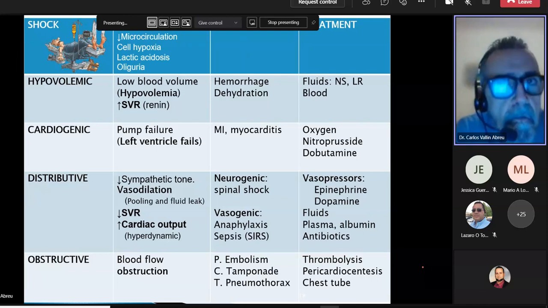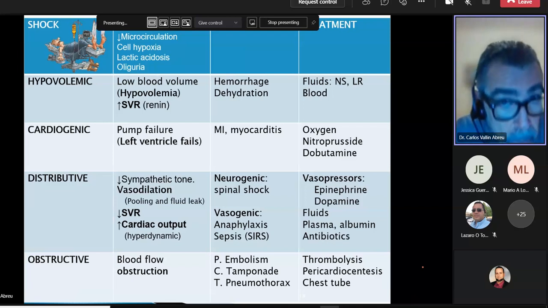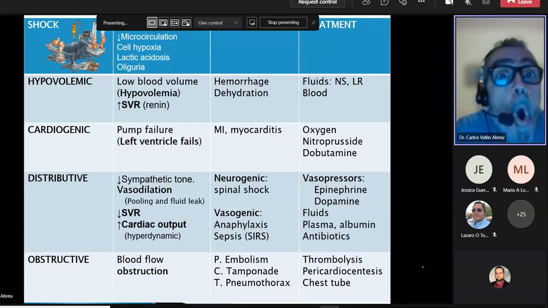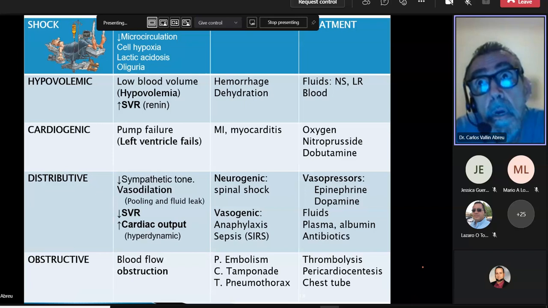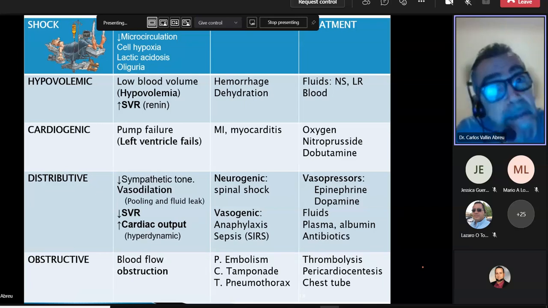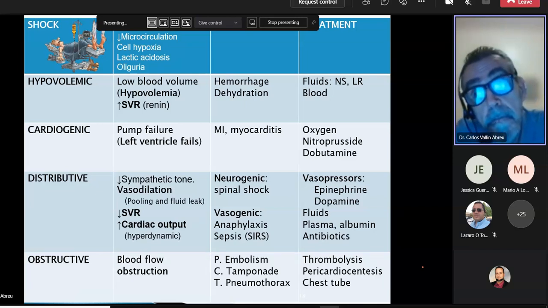This movement requires basically two things: a heart that is pumping, moving this blood, and an adequate volume of blood. Those are the basic conditions to have the movement of this blood.